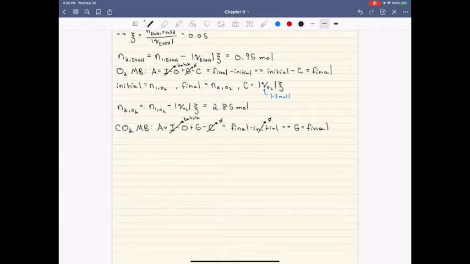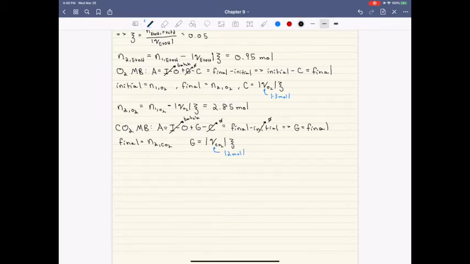So let's figure out what each of those terms are. The final amount is the N2 CO2. And our generation term, we could write in terms of the extended reaction, because it's going to be that stoichiometric coefficient times our extended reaction. Based on the reaction, we know this value is positive 2 moles.